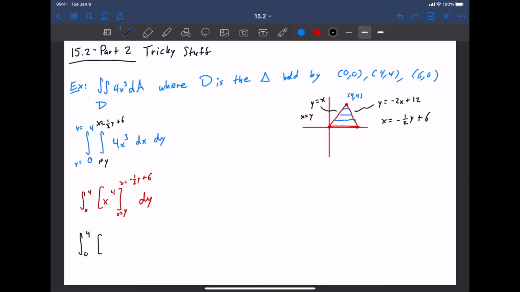It's not as bad as it could be. That to the 4th power minus y to the fourth, all evaluated from, dy. The reason it's not that bad is because this one, either through u substitution or thinking about the reverse chain rule, is pretty easy to get the correct coefficient, the correct reversing of the chain rule.